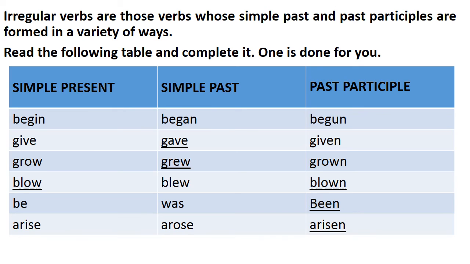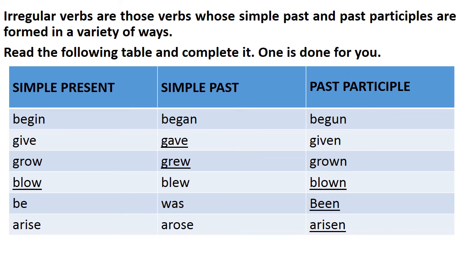Now moving on to the next verb, grow, becomes grew in a simple past tense, and again this verb grow changes into grown as a past participle.